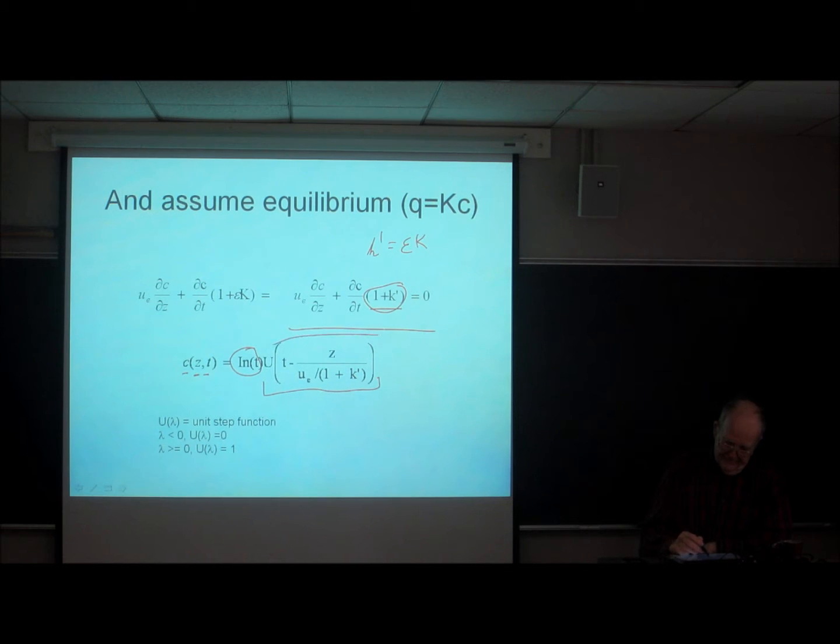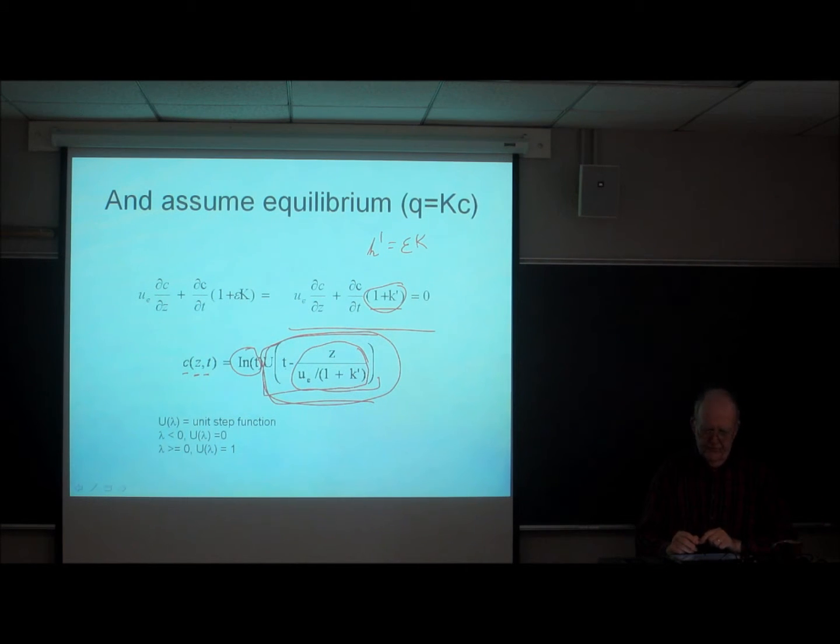That's what this function looks like. So whenever t is less than that, the argument is less than 0. The unit step evaluates at 0. You have something times 0, 0.